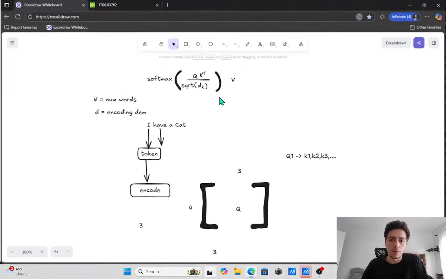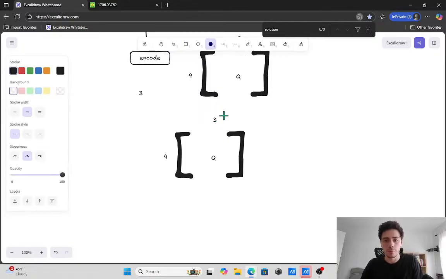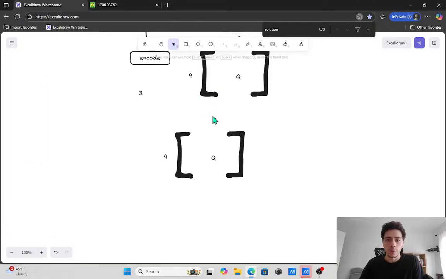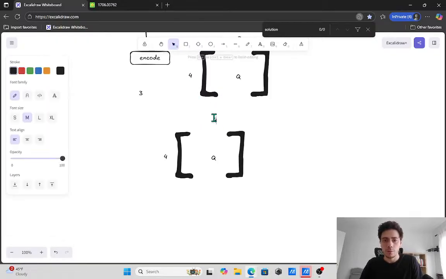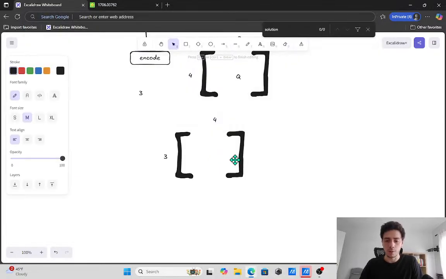So instead of 3 by 4, it would be 4 by 3. And this would be the key, the key transpose.